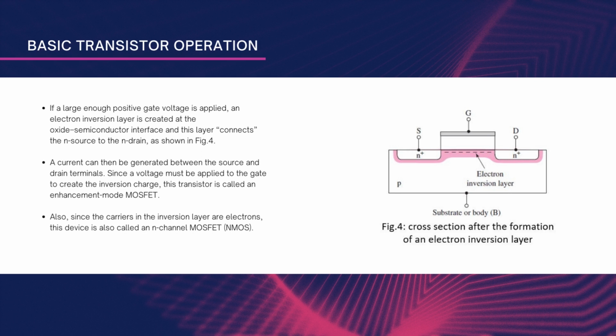So, there is a layer of electrons beneath the gate terminal. Hence, this layer is called an inversion layer. This layer of electrons has formed in the P substrate area. So, the layer has inverted and the electrons are accumulated beneath the gate terminal.